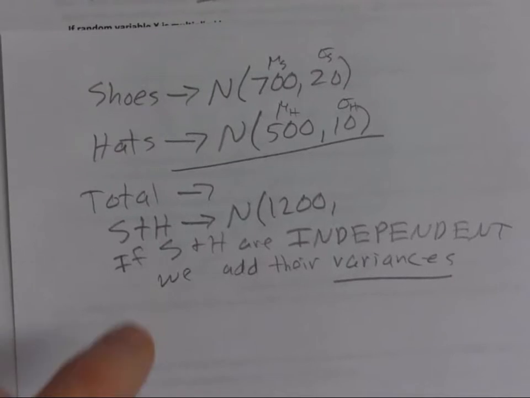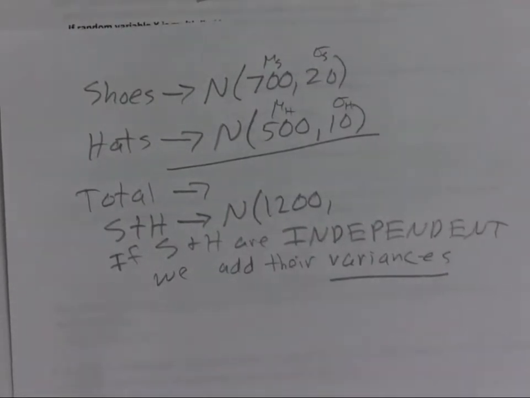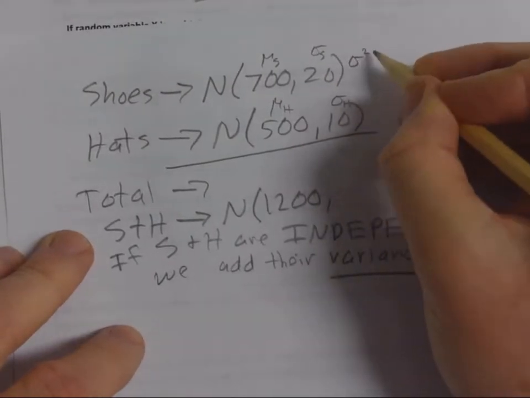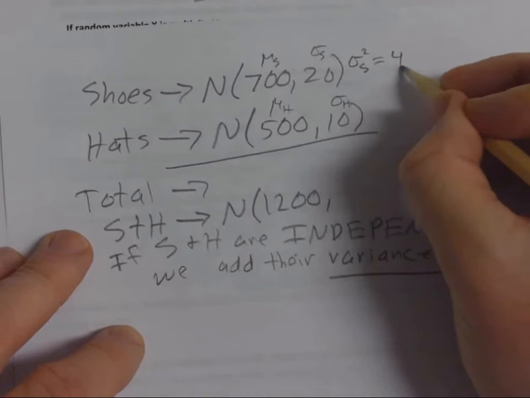Of course, the variance is the square of the standard deviation. And this is really, in my opinion, why the variance exists. You say, well, why do we even need the variance? What does it tell us that the standard deviation doesn't? Well, the reason we need the variance is because we can add it when we are adding or subtracting random variables. So the variance of our shoes is 20 squared, which is 400.